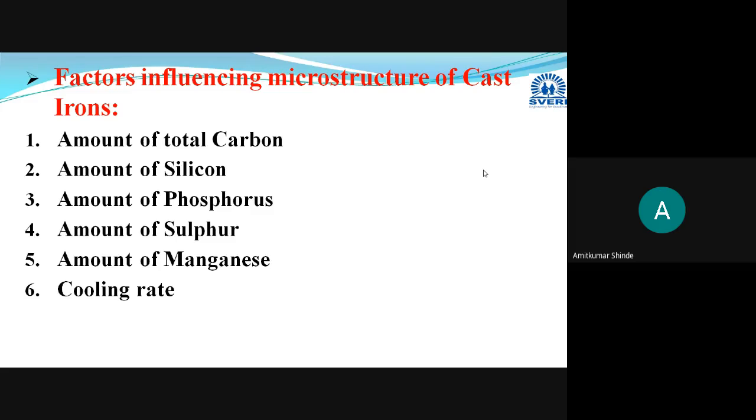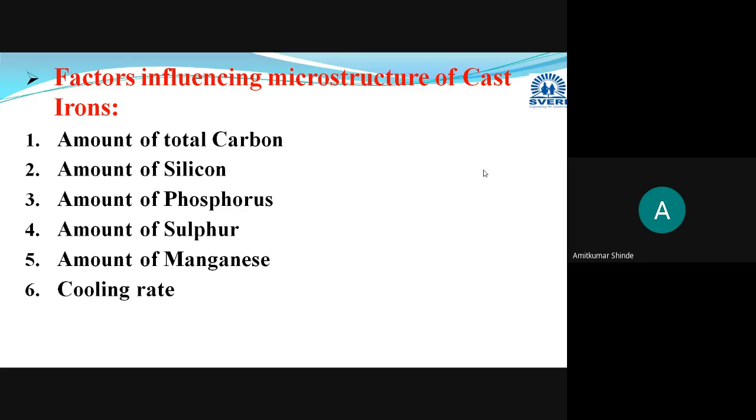As sulfur and manganese amount increases, the amount of cementite also increases, and as amount of cementite increases, it will result in the formation of the white cast iron. That is the effect of sulfur and manganese.